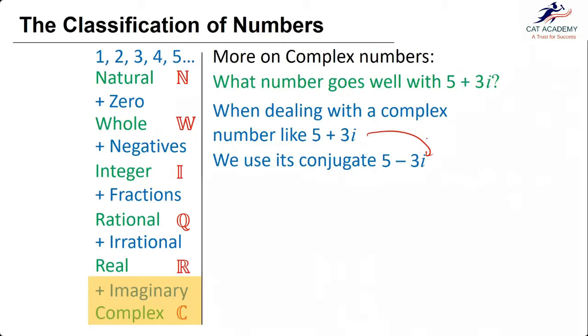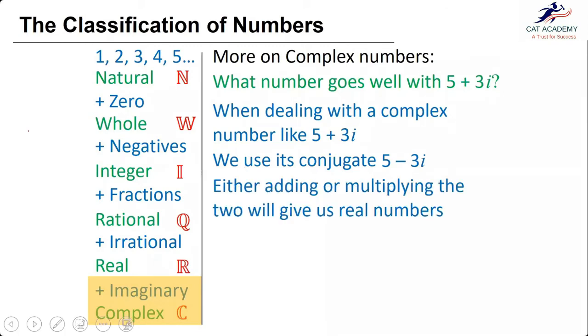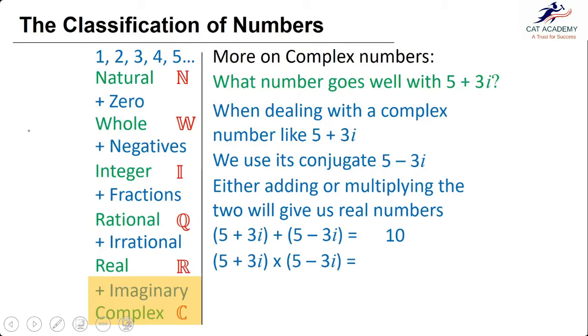Or if you multiply them, what do you get? So I get 5 plus 3i, 5 minus 3i. That is a plus b, a minus b, and a plus b, a minus b is a square minus b square.